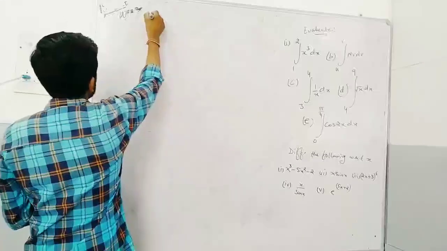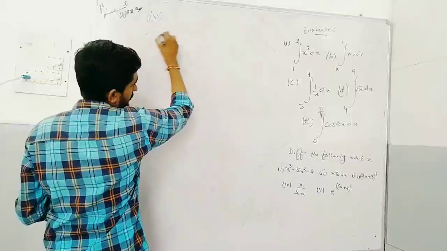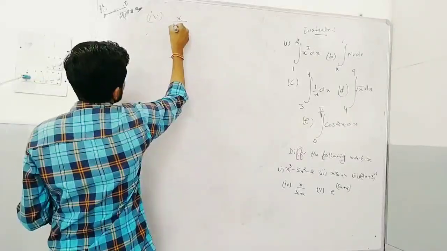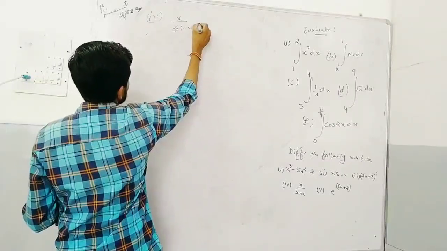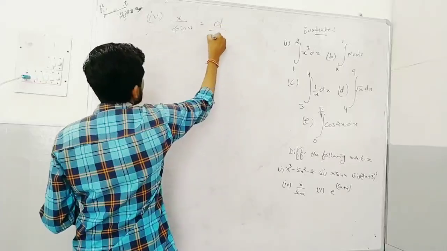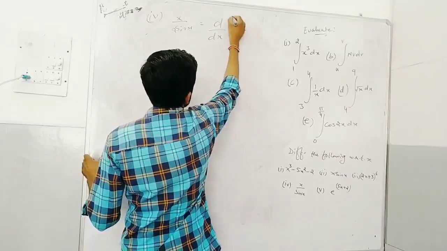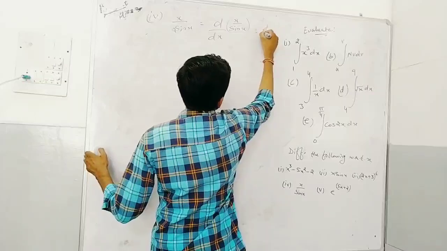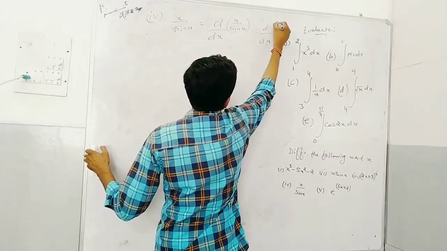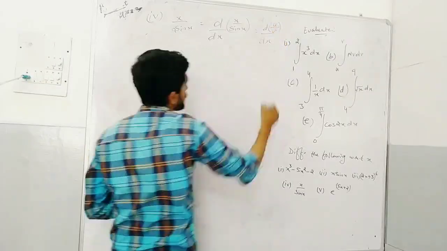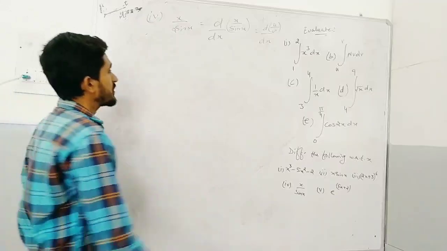For the fourth part we have x upon sin x, or we can write it as d upon dx of x upon sin x. Using the u by v formula, what does it say?